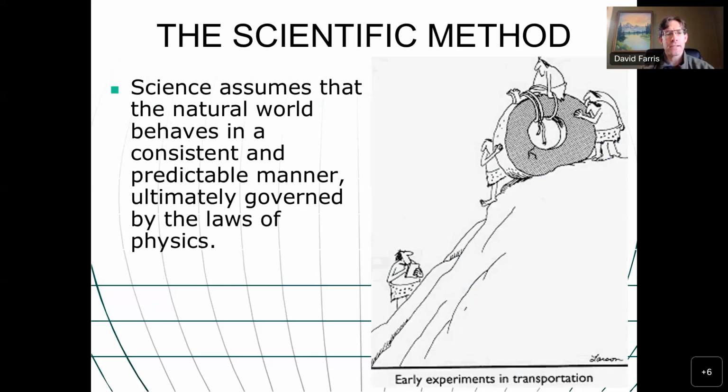Another thing about science is that science assumes the natural world behaves in a consistent and predictable manner. This is a postulate, something that you begin with for science, but to an amazing degree, this has proved to be true. And so the world around us can be described by the laws of physics.